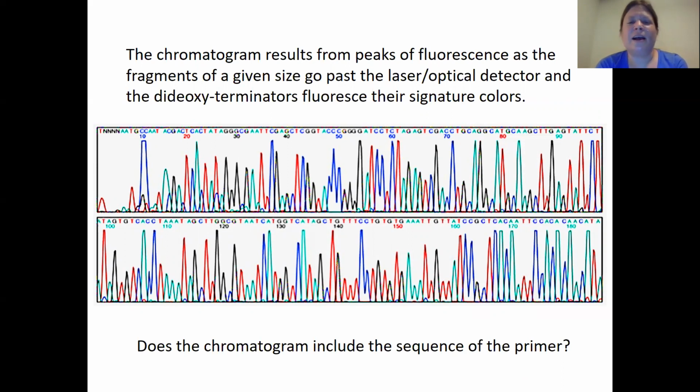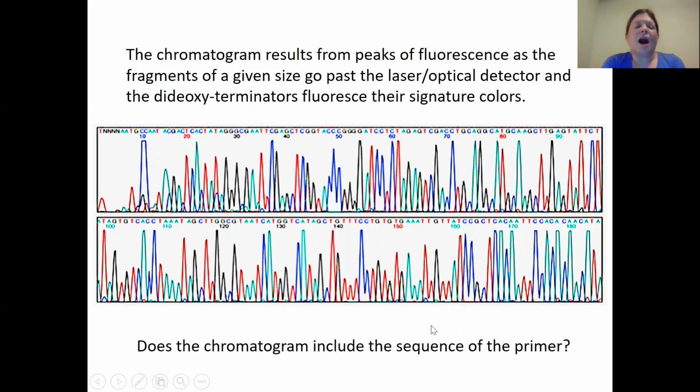It's a sequence file or a trace file or a chromatogram or an electropherogram. Sorry about that. They kind of all mean the same thing. We're mostly going to go with chromatogram or sequence file. But it's just showing you what color light flashed and how bright it was. And G's don't glow black, they glow yellow, but yellow is hard to see on computer screens.